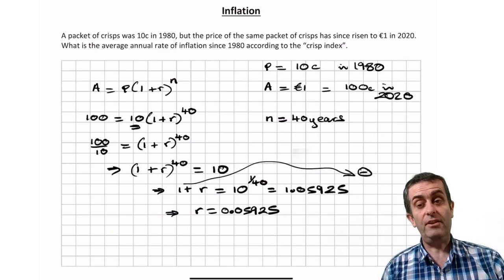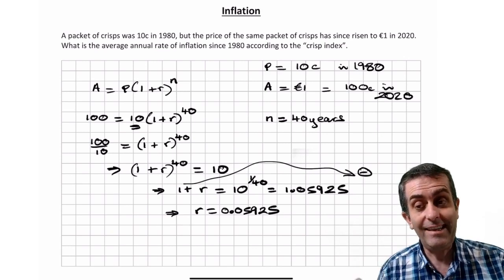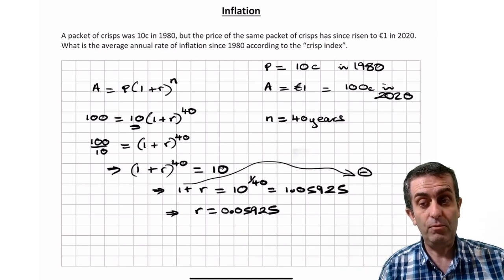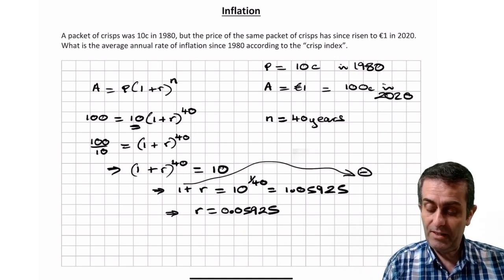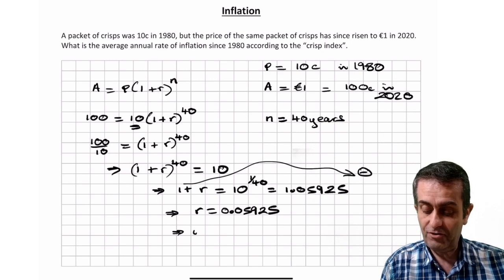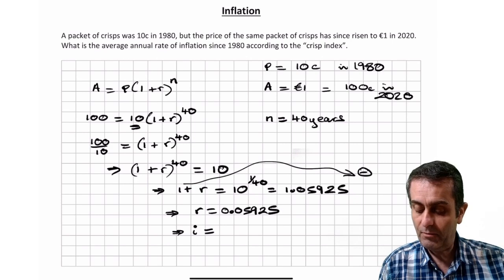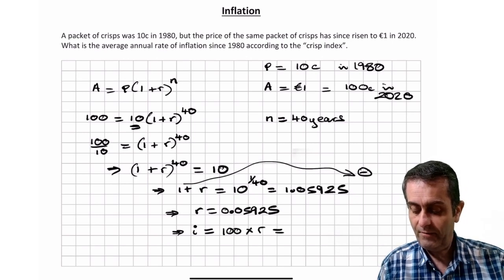Now remember, we're not finished. That R is the decimalized interest rate, which means that R is the interest rate divided by 100. So that means that if we want to calculate the interest rate, we got to multiply this by 100. And multiplying by 100 means moving the decimal 2 places to the right.